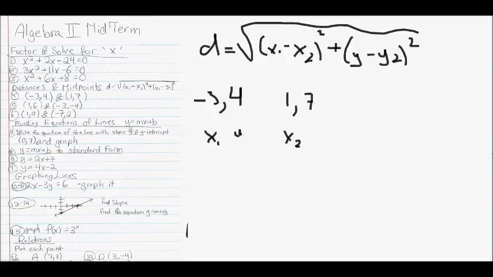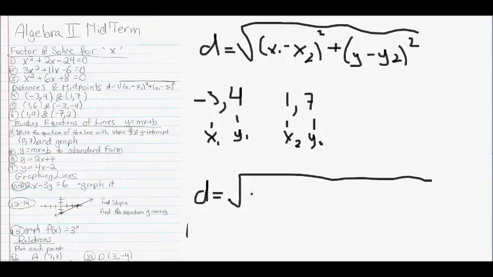This is going to be our x1, this is going to be our x2, this is our y1, and this is our y2. Now we just have to plug them in. Let's plug it into our formula.